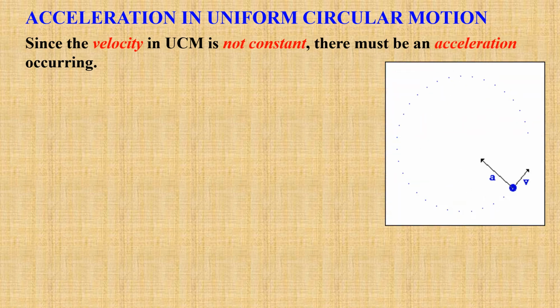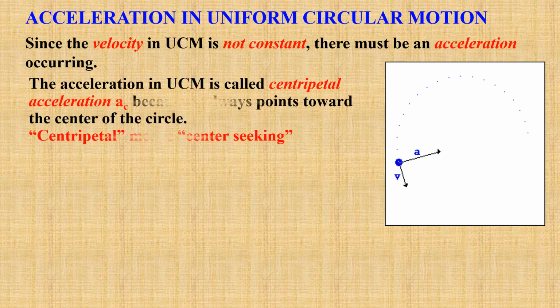Acceleration in uniform circular motion. Since the velocity v in UCM is not constant, even if the speed is constant but the direction is changing, there must be an acceleration occurring. The acceleration in UCM is called centripetal acceleration a sub c because it always points toward the center of the circle.